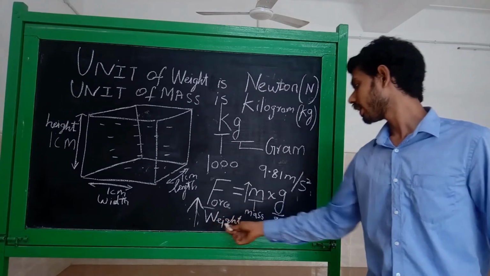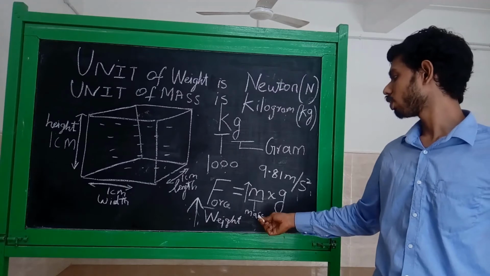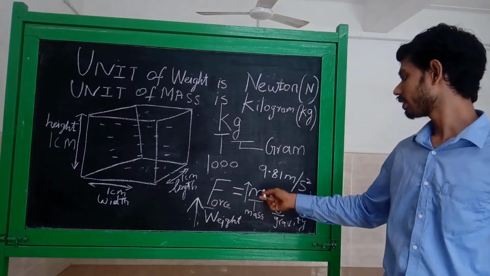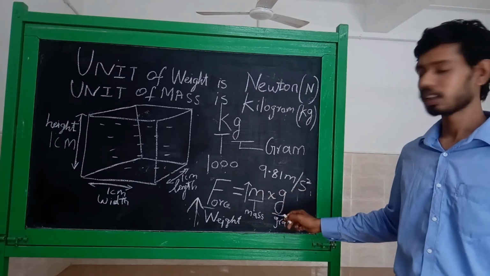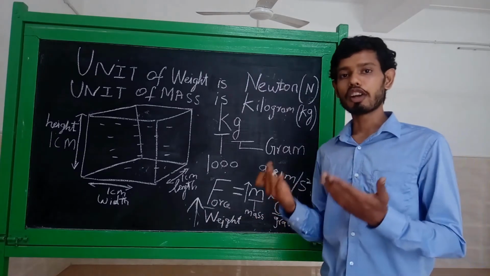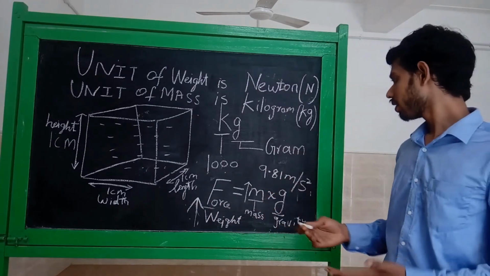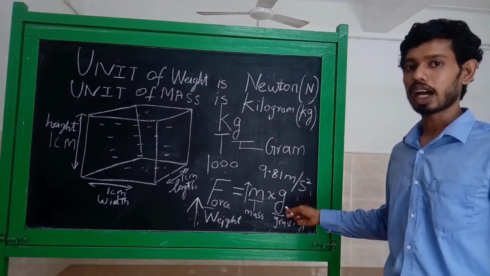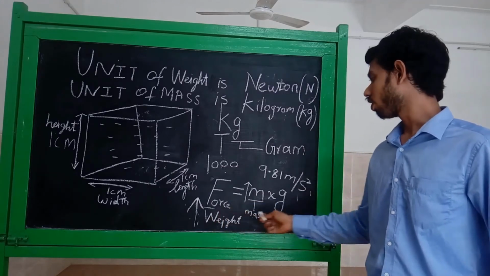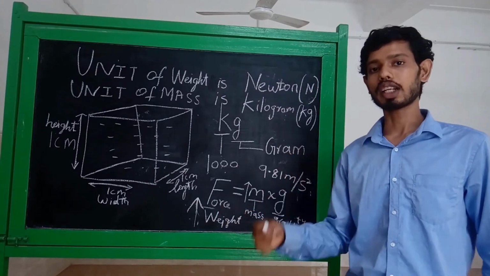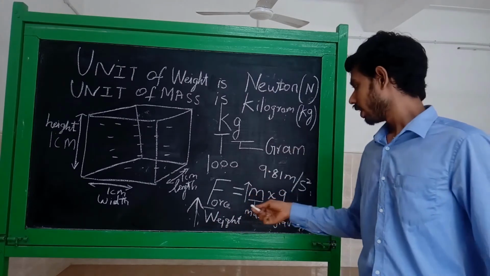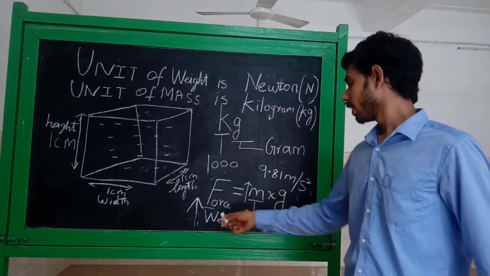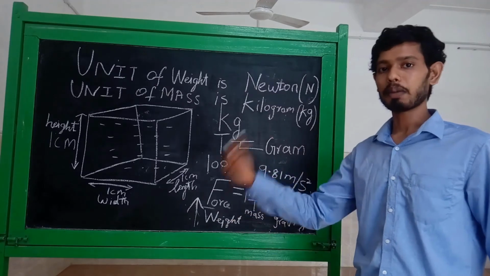So, weight is directly proportional to mass, and weight will increase if mass is increased on Earth. But if we go to a different planet, the gravitational force might change, so the weight is not constant at every point in space. Weight will be the same on Earth, but it will not be the same on a different planet.